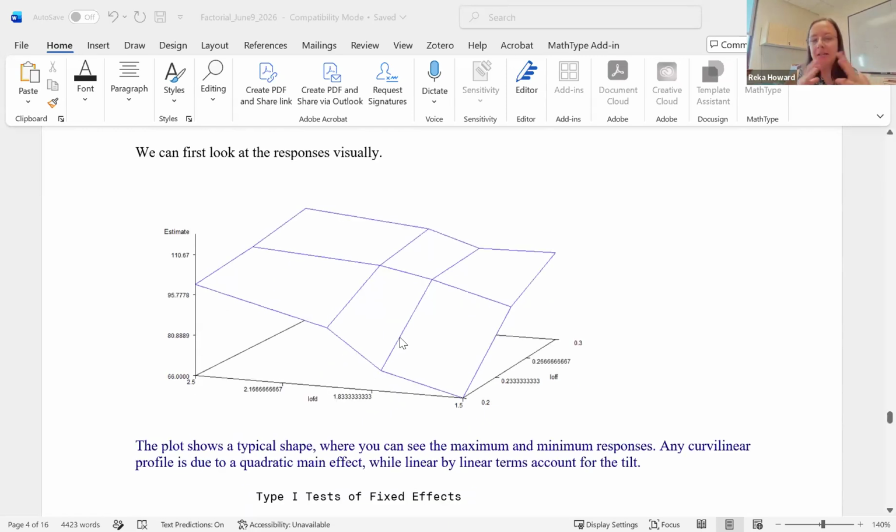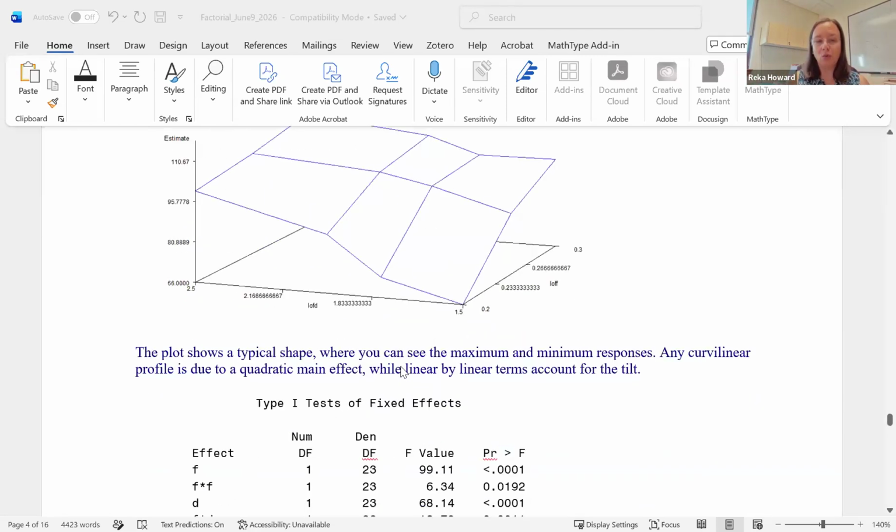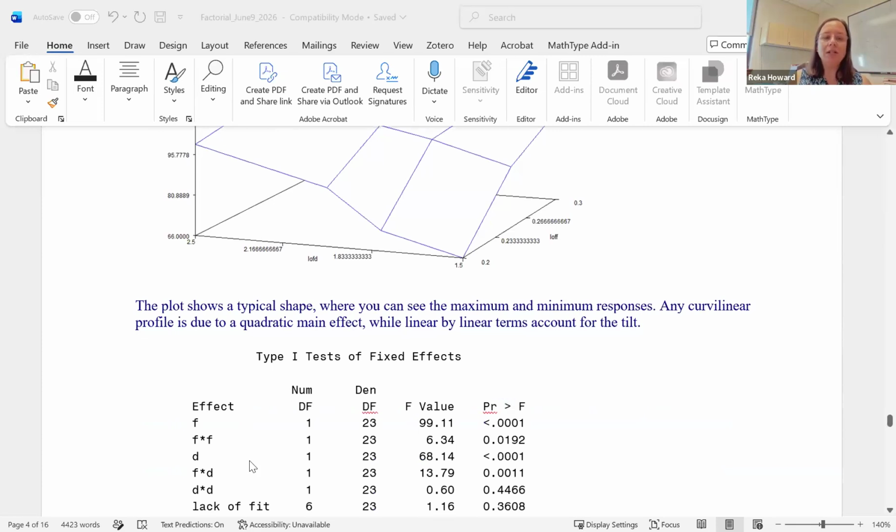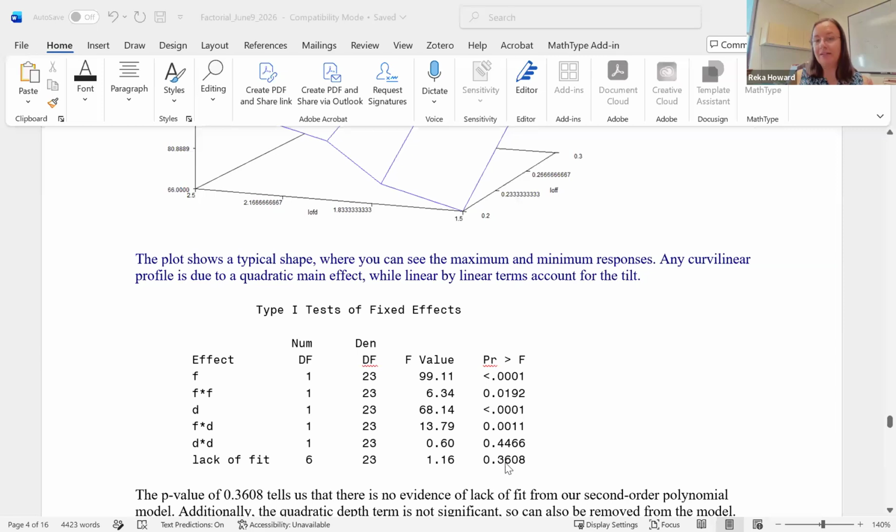So this is a good visualization because first I can see what type of model I should fit that's not overcomplicated. So I fit the model that I just mentioned, and then this lack of fit is not significant, so we are good. Then we don't have to put even more terms into our model. And then I can go: this term is significant, this term is significant, this is significant. So the d by d was not significant.